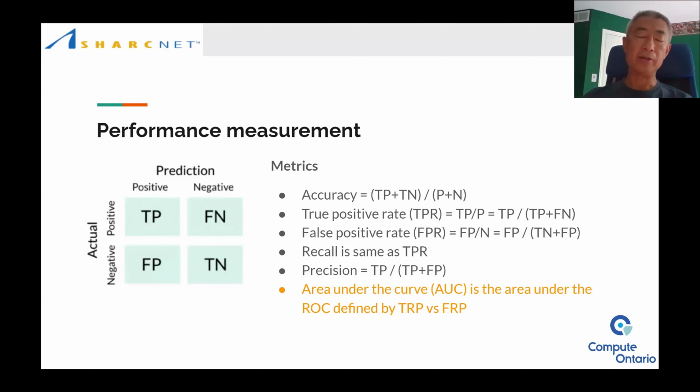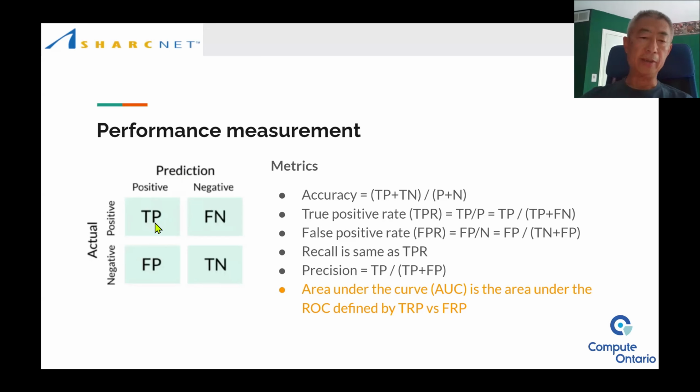First of all, if you compare the model prediction with the actual labeling, you can construct a 2x2 matrix, which is called a confusion matrix. Here the actual labeling is the rows, and the prediction is the columns.